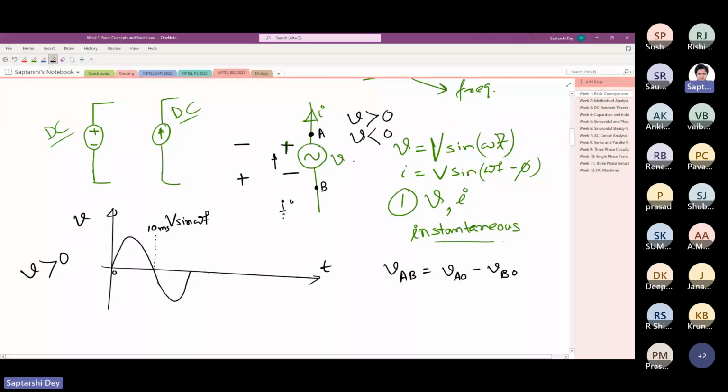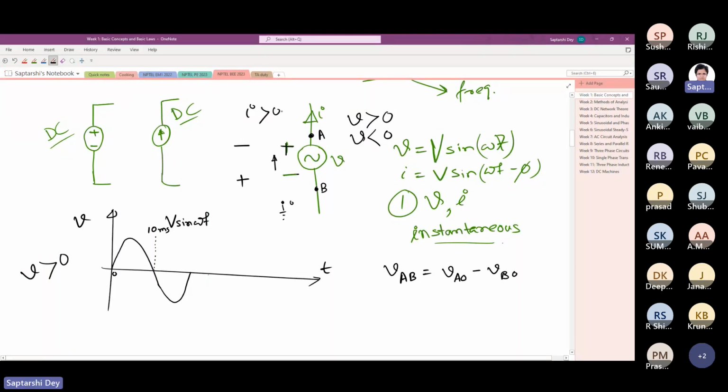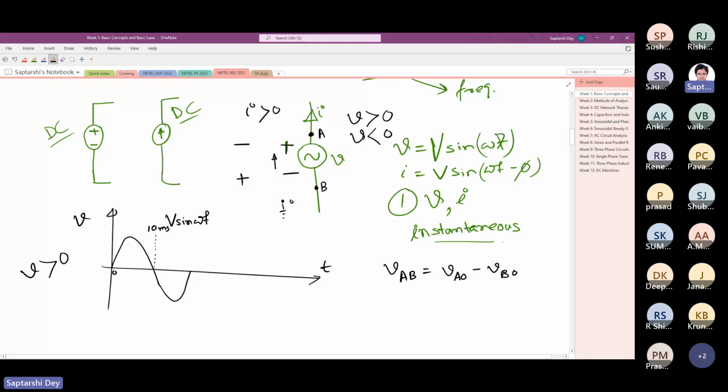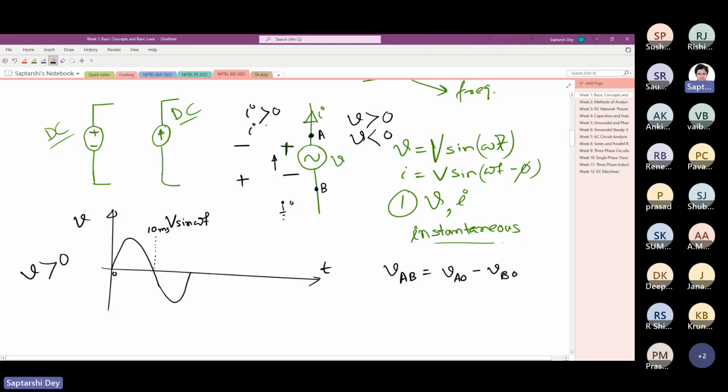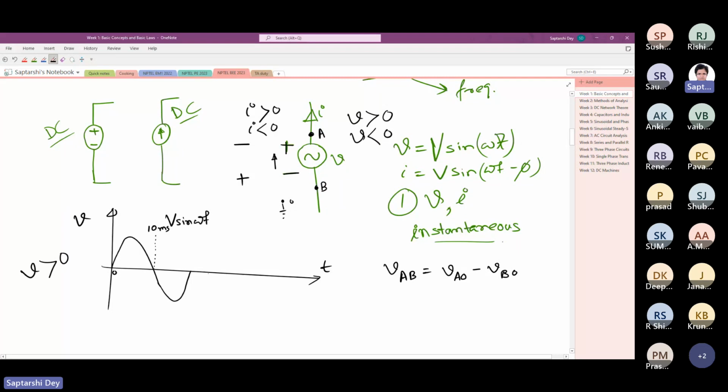Right? So in AC sources also, the same is the thing for current, which direction the current is flowing. Say at any point, if I get I greater than 0, that means the current is flowing along the arrow direction that I have drawn. If at any point we find that I is negative, that means current is flowing in the opposite direction of the arrow that we have drawn.